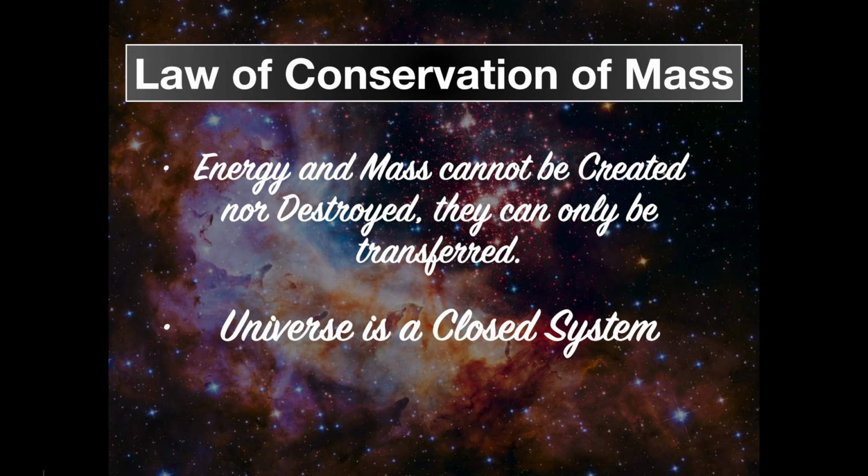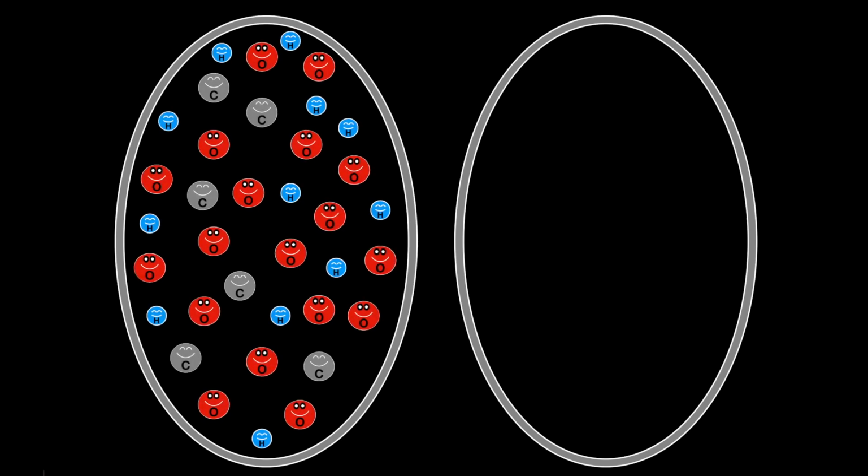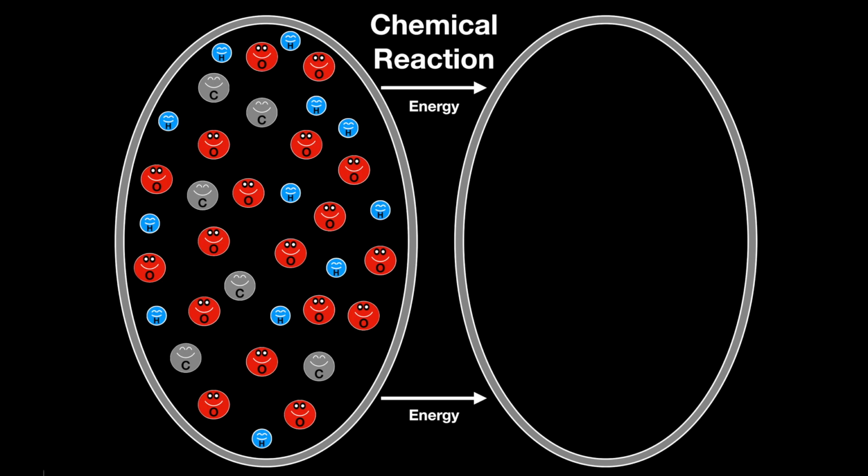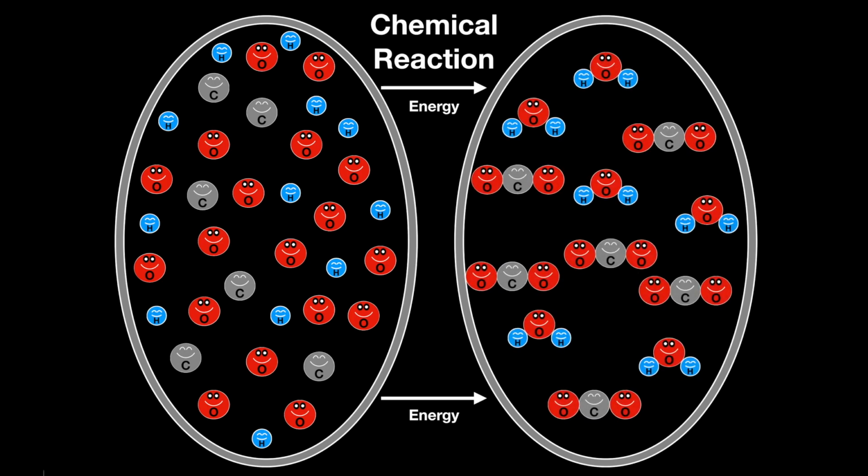So let's take a look at two systems here and their transformation. So right now on the left, I have 18 oxygen, 12 hydrogen, and 6 carbon. I'm going to go through a chemical reaction, adding energy, and I'm going to rearrange all of those atoms.